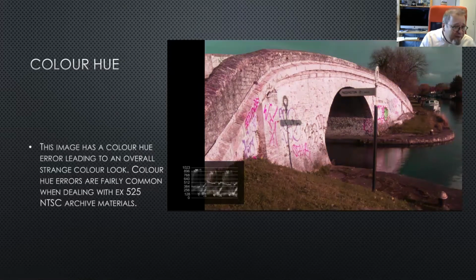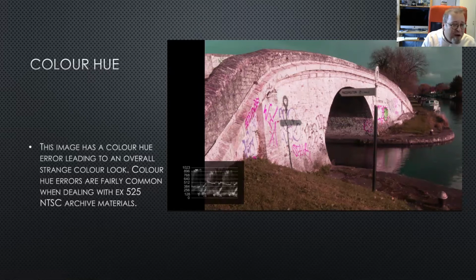Final one we're going to talk about is a color hue error. Don't tend to see this as often these days. They're not quite as violent as this one. I made this one quite violent to make it show up. They're fairly common if you're dealing with 525 NTSC archive. That's archive that comes from countries that use the NTSC system.